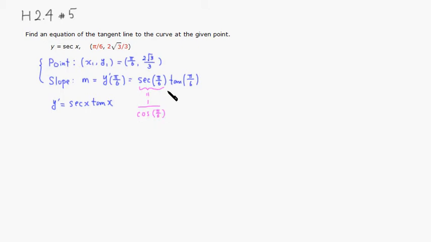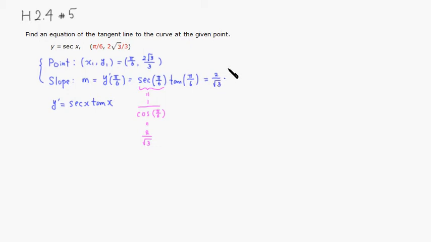The cosine of pi over 6, which is 30 degrees, is square root of 3 over 2. The reciprocal of that would be 2 over square root of 3. So 2 over square root of 3 is the secant value.